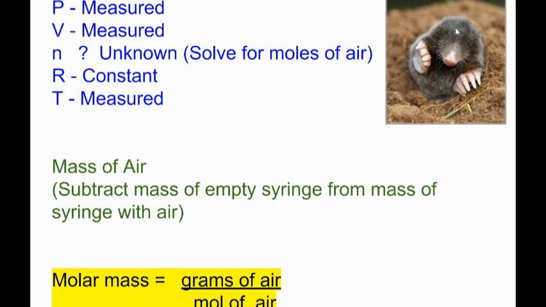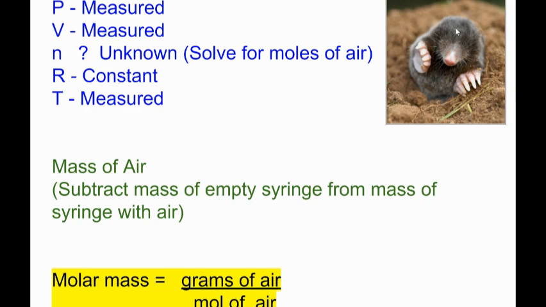So our process is actually a 3-step calculation process. We're going to start by using the ideal gas law, PV equals nRT, to solve for the moles of air that was in our syringe. Then we're going to use our data from the analytical balance to determine the mass of air that was in our syringe. And finally, we'll put those two measurements together to get the molar mass of air.